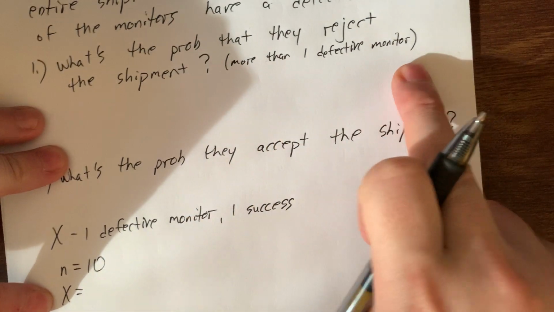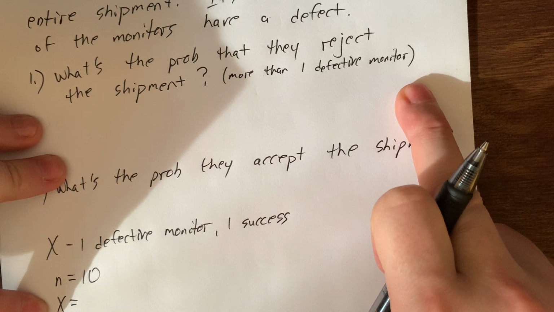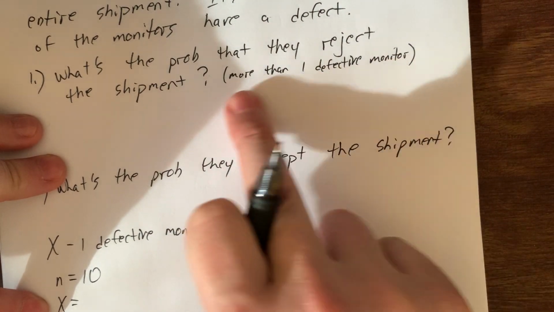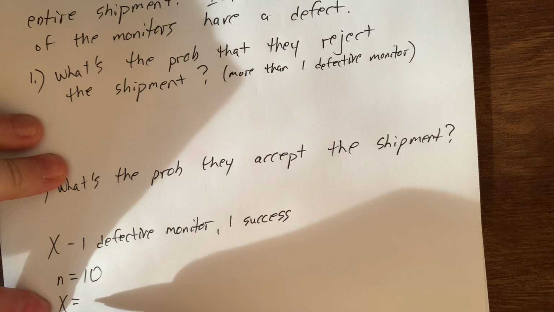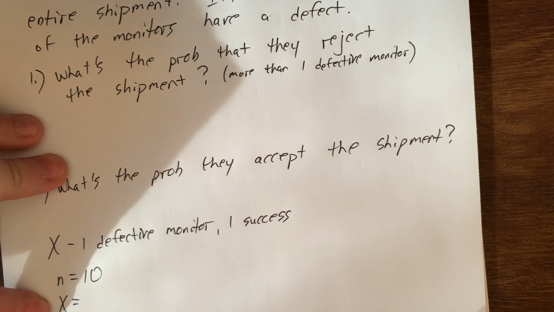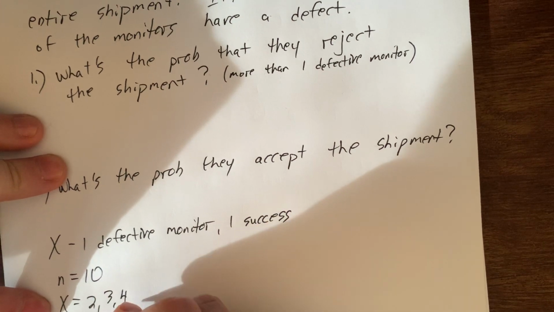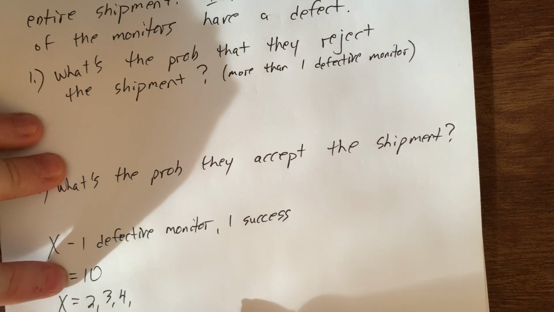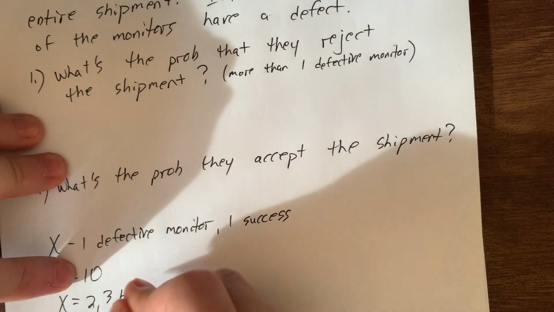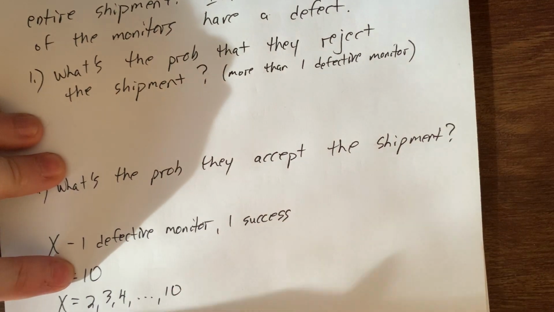More than one defective monitor. So X is literally more than one. If there are 2 defective monitors, or 3, or 4, this doesn't keep going forever because we're only checking 10 monitors. So up to 10.